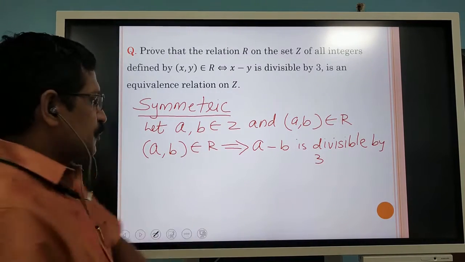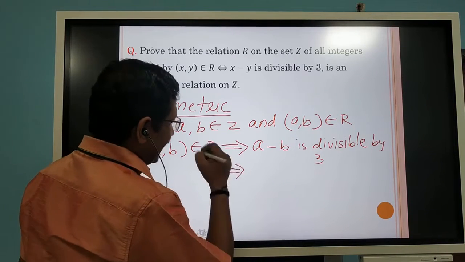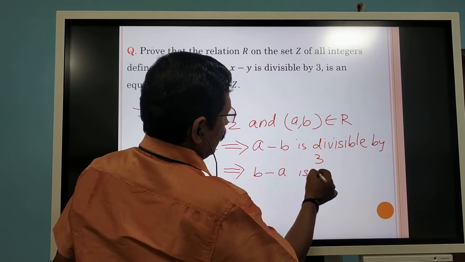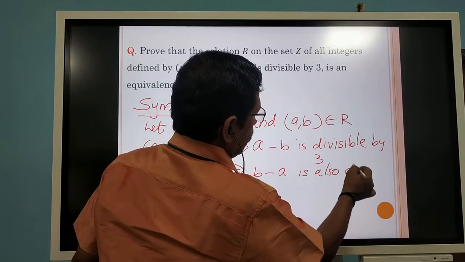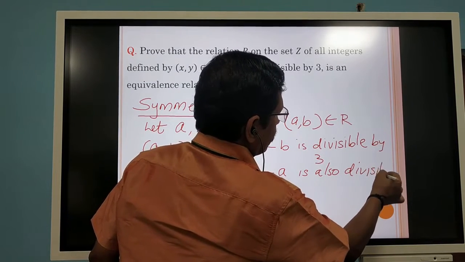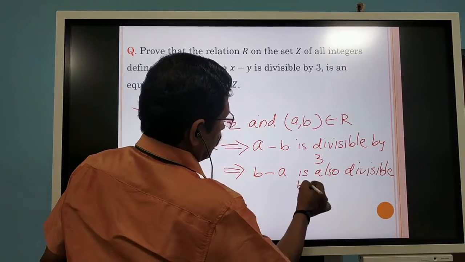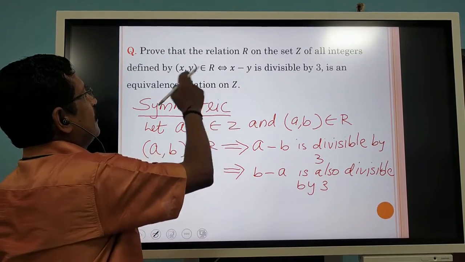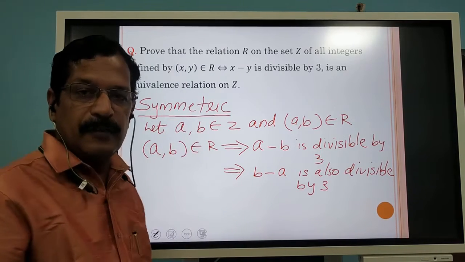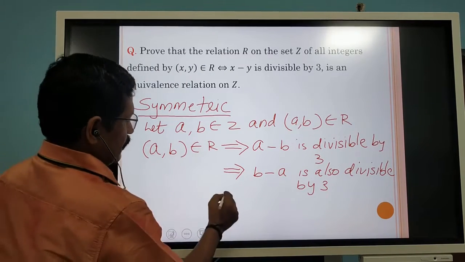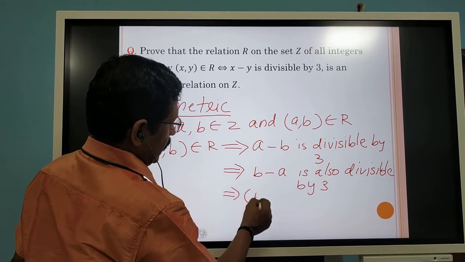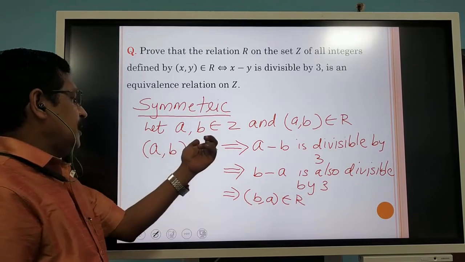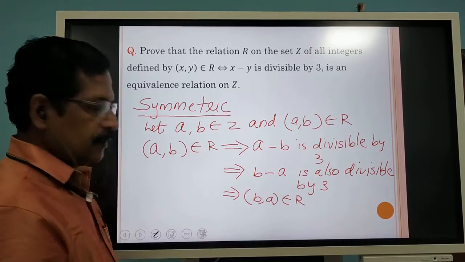If a minus b is divisible by 3, then it is clear that b minus a is also divisible by 3. So b minus a divisible by 3 means, as per this condition, ordered pair (b, a) should be an element of R, which implies that ordered pair (b, a) element of R. So ordered pair (a, b) element of R implies ordered pair (b, a) element of R.